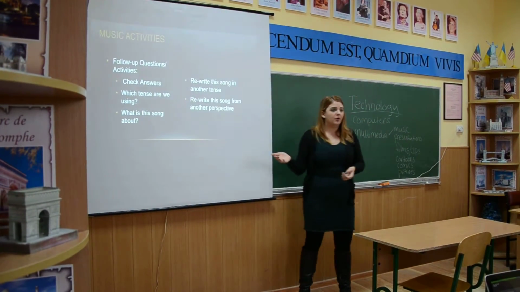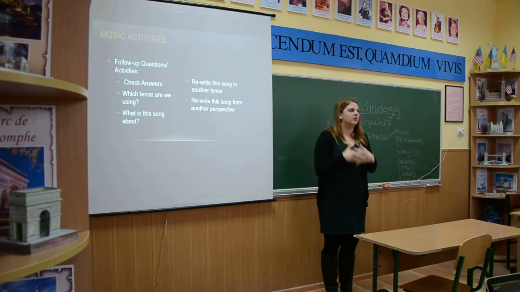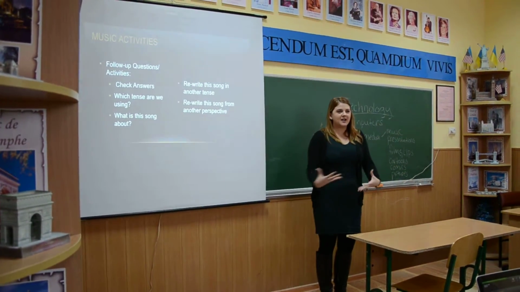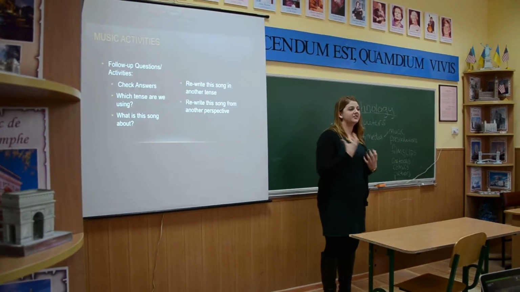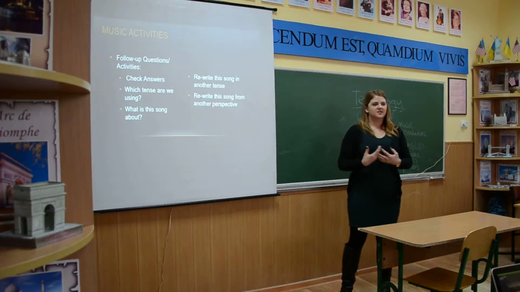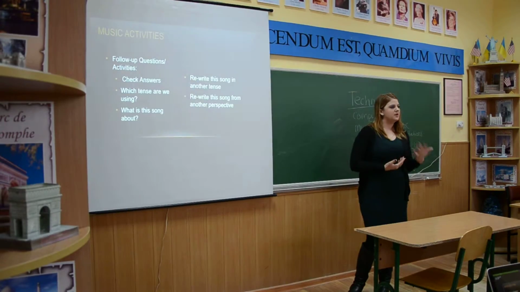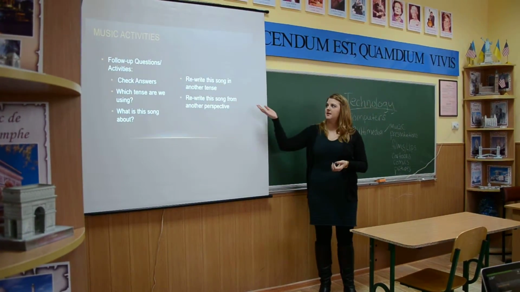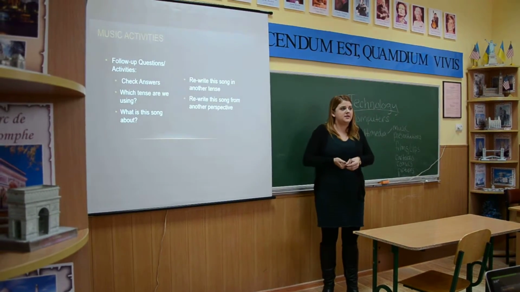What is the song about? About love. Lost love, maybe. It's a very emotional song. So you'll ask the students to tell you, what is the song about? Then, for practice, ask them to rewrite the song in another tense.